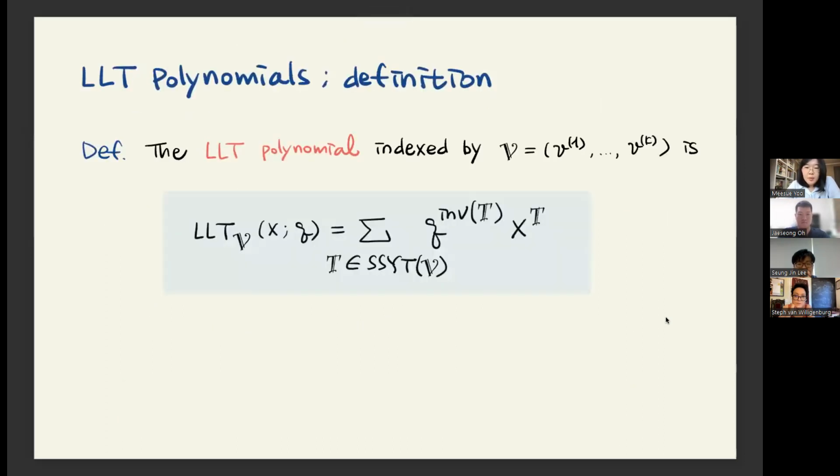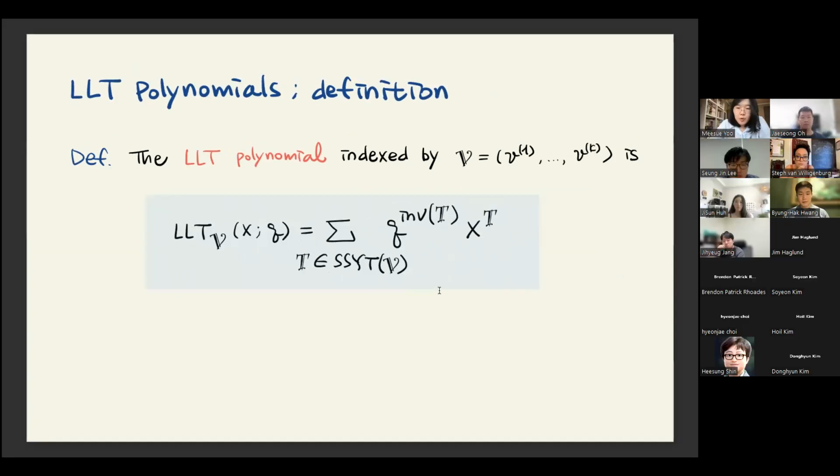And then the LLT polynomial is defined by the summation of q to the inv times the monomial coming from this T. You sum up all these q-weighted monomials, then you get this LLT polynomial. And Haglund, Haiman, and Loehr proved that this definition and the original definition differ just by a q weight.